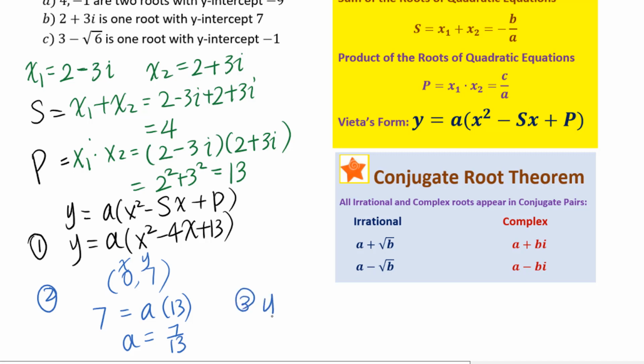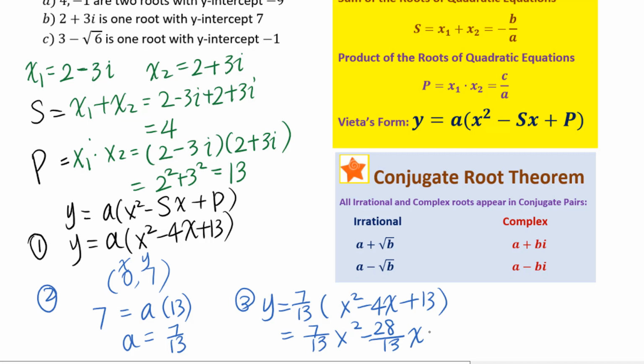Therefore, you will get y equals 7 over 13 times (x squared minus 4x plus 13). Distributive property: 7 over 13 x squared minus 28 over 13 x plus 7. This is the quadratic function we are looking for.